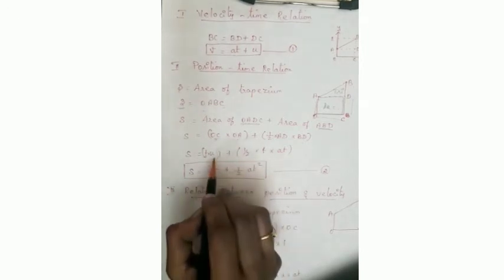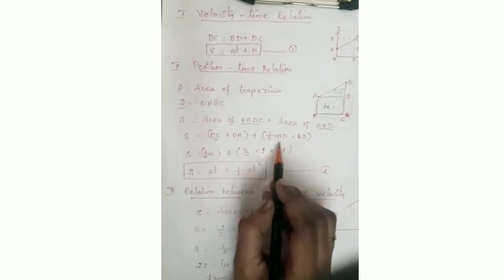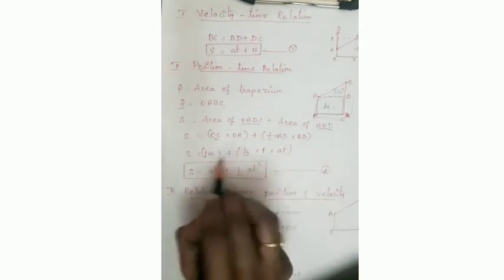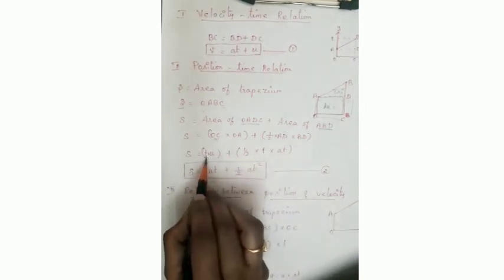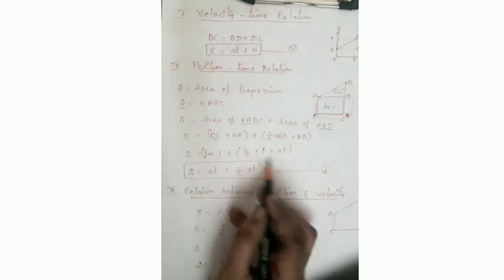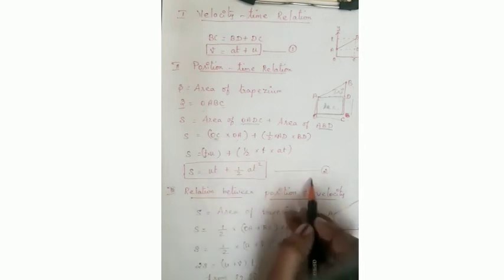OA is the initial velocity u, plus half into AD, which is also t, and BD is at. By simplifying this, what can we write? S is equal to ut plus half at squared. This is the second equation of motion.